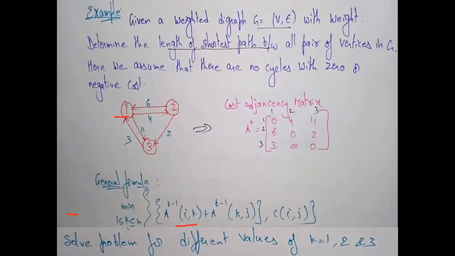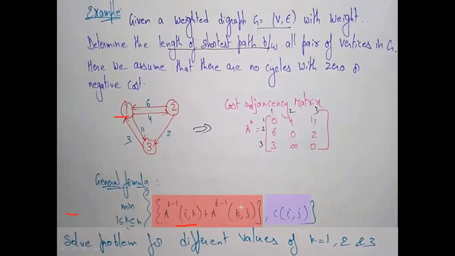We are finding the shortest distance, that is the shortest path between all the vertices to all the other vertices. So the general formula is the minimum over 1 less than or equal to k less than or equal to n. You have to find the minimum from one set and another set.